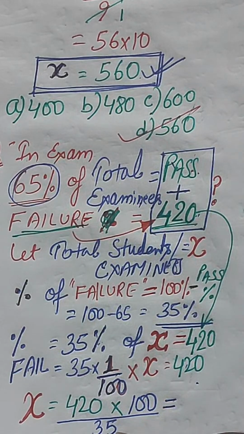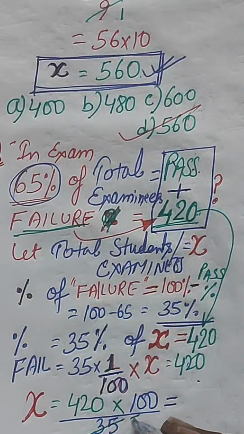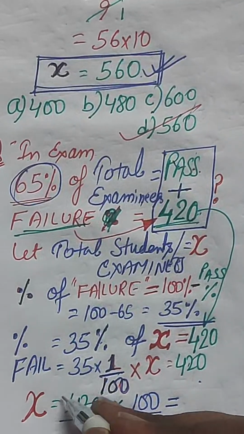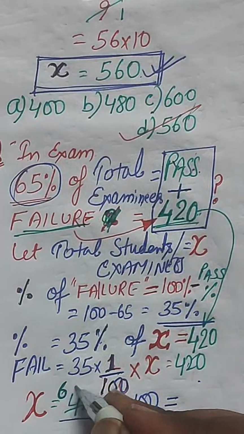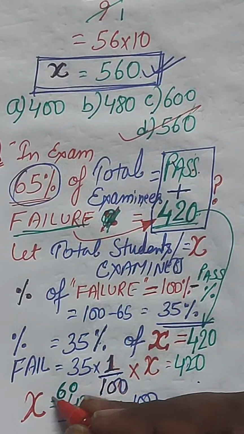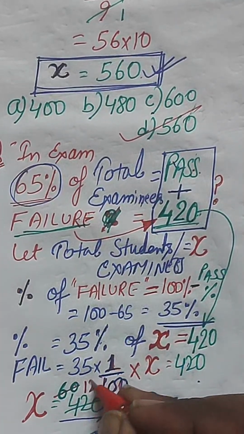So 35 will be dividing 7 times 5 is 35, 7 times 6 is 42, 60. So from 5, dividing this 60, 12 times.